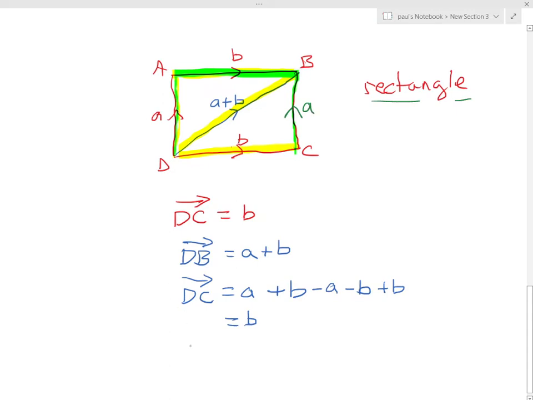So to go that green way, we would go from D to C, and that would be up the A, along the B, and back down this way, which is against the arrow, so it will be minus A. And we've got A minus A, which leaves us with a B. So no matter which way round, we're always left with that.